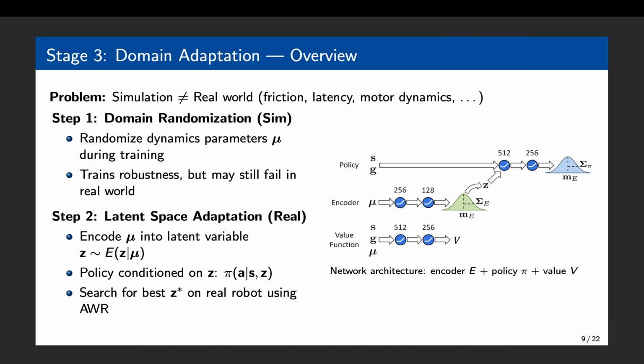They search for the best z on the physical robot using only about 50 trials. You can see the network architecture here. The encoder maps dynamics parameters to a Gaussian distribution over z. The policy then takes the state, the goal, and z as inputs.